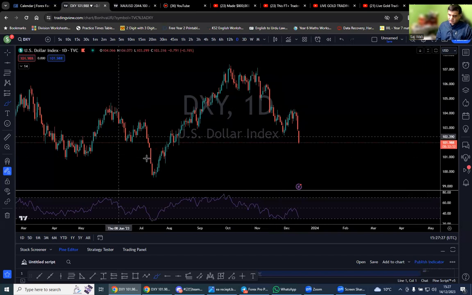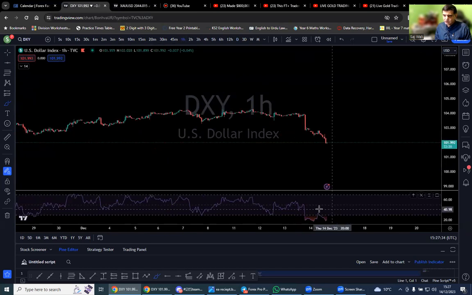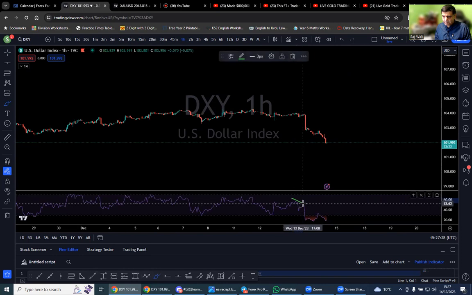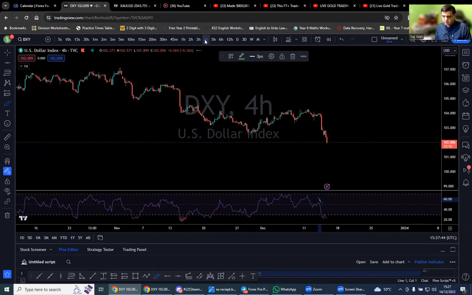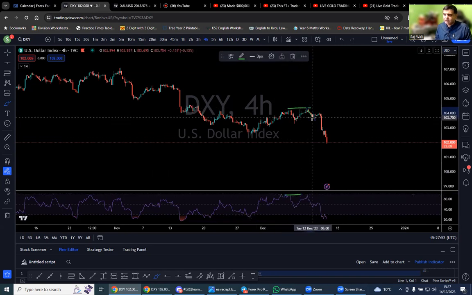So that's in Dixie. Also, Dixie has this divergence as well. In fact, let me go into 4-hour. This divergence and the market fell down, up to here.